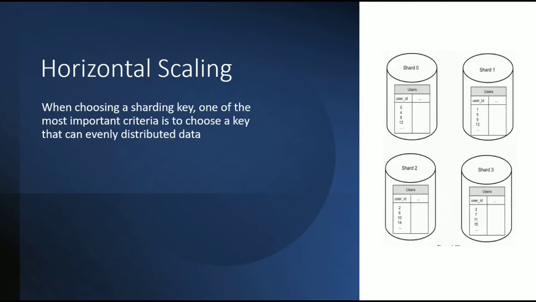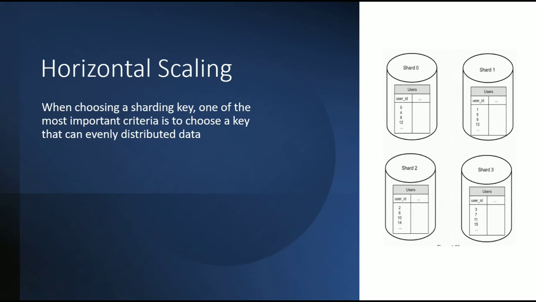So if you see here, we have 4 shards, and the 4 shards have user tables. In the first shard, all the users which are divided by 4 and whose mod is coming as 0 will be put into the first shard.